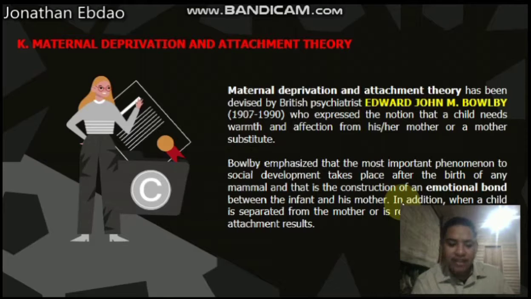In addition, when a child is separated from the mother or is rejected by her, anxious attachment could result, leading to the lack of bonds between parents and children. Thus, according to Adler et al. 2010, habitual criminals typically have an inability to form bonds and affection.